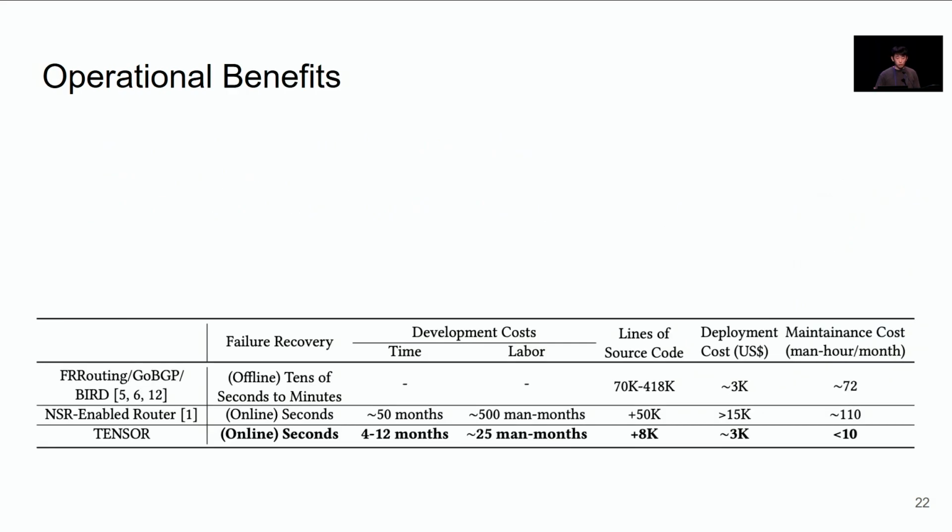And last, we show some operational benefits. For failure recovery, the first line is other BGP implementations. We can see that they actually take tens of seconds or even minutes to recover from a failure. And such recovery is offline, meaning that the other side, the peering router, will notice this failure and all the packets will be impacted.